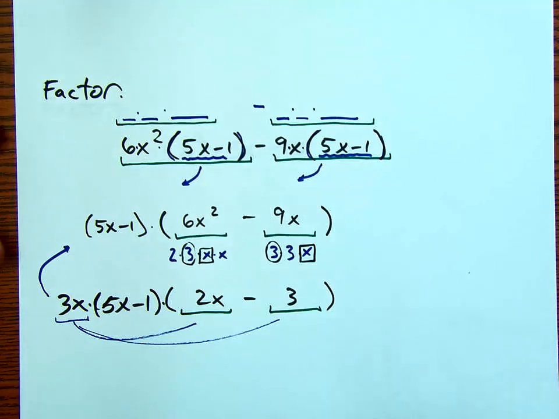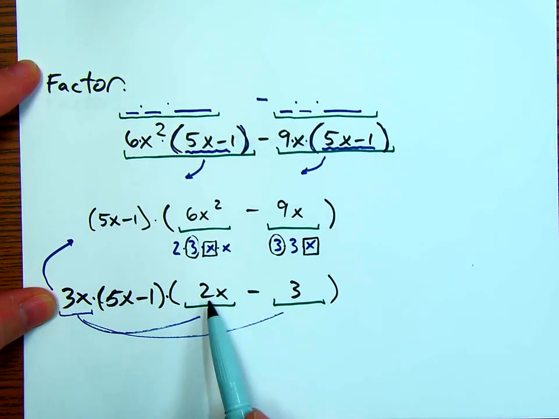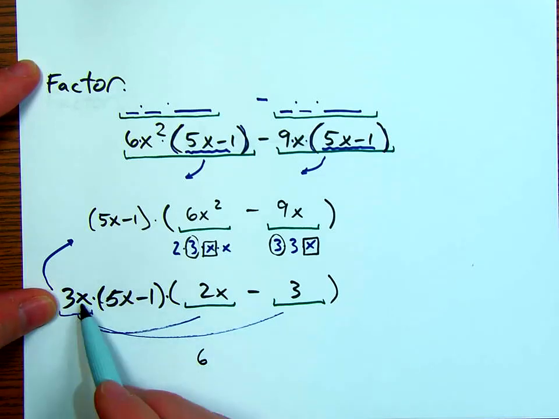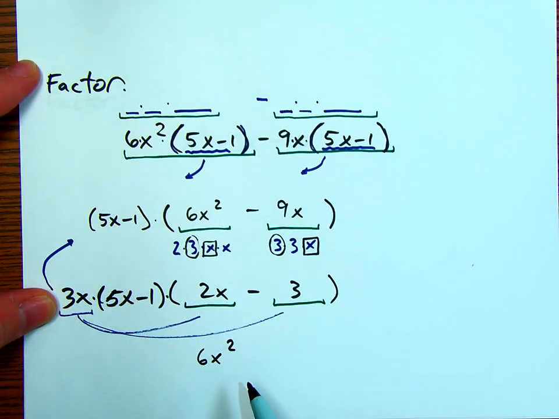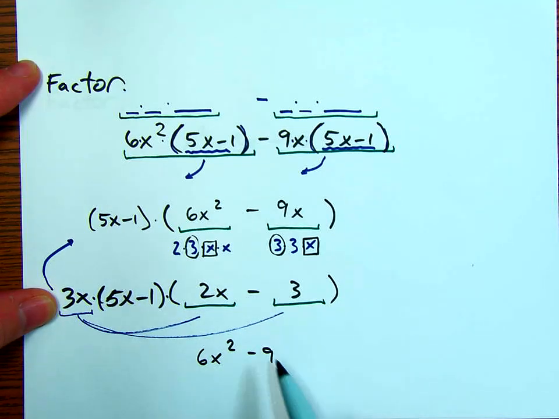So we know that 3x times 2x, we can say 3 times 2 is 6, and x times x we know is x squared, right? And then 3 times negative 3 is negative 9, and we have 1x here and none, so altogether, if we multiply, we're combining the exponents here, we just have 1x.